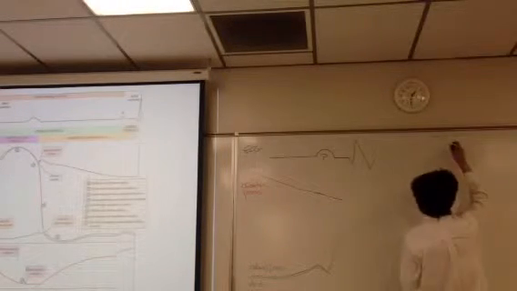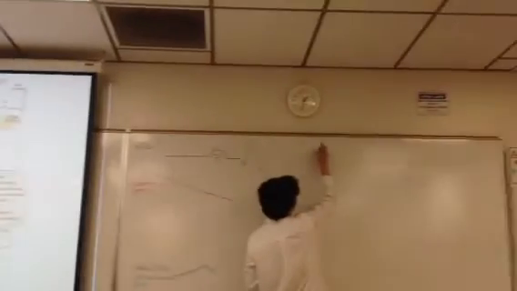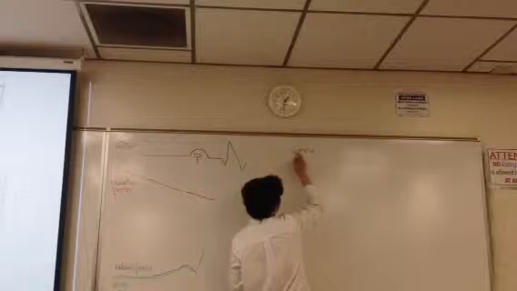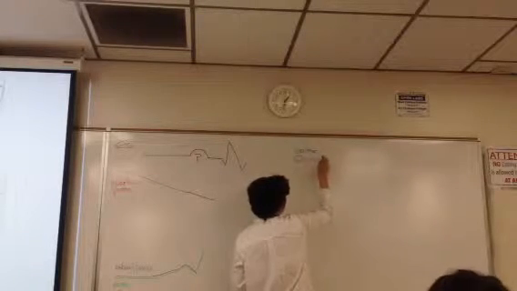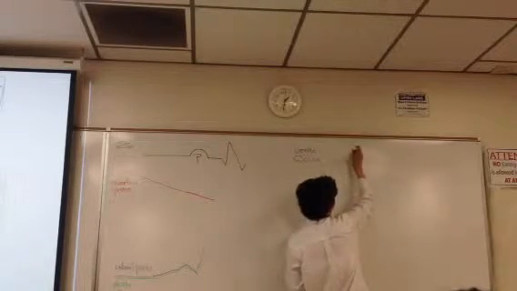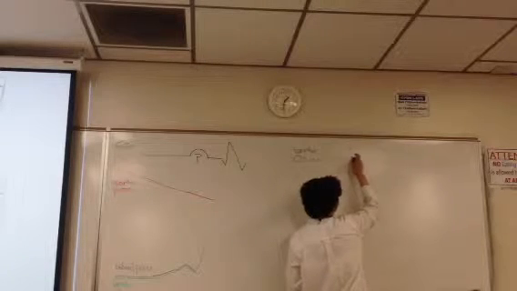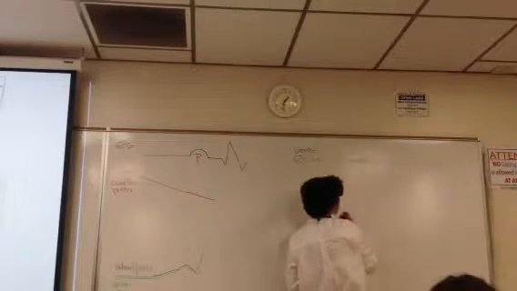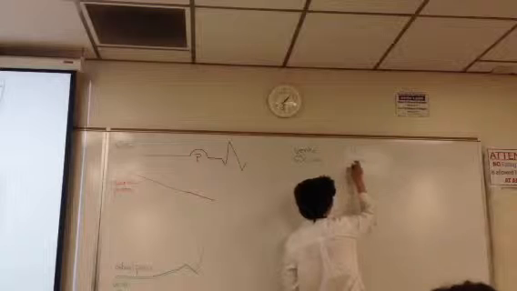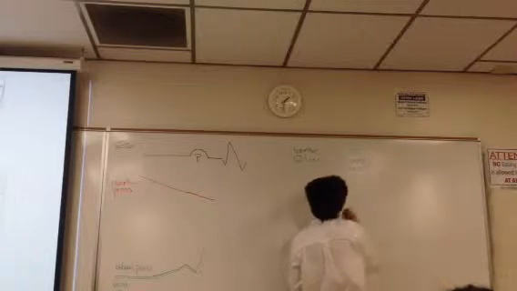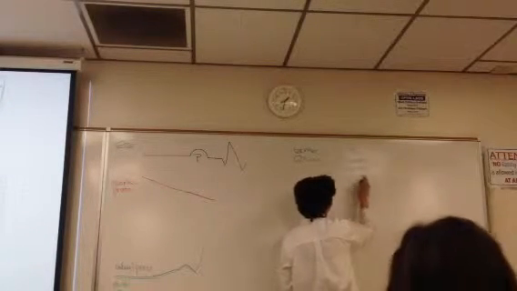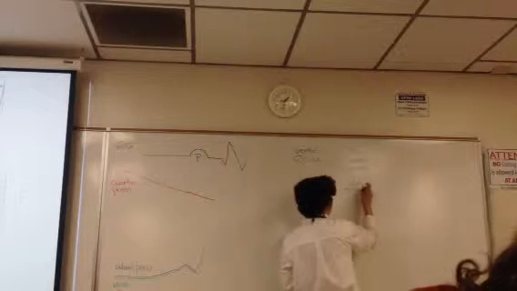So, when the heart is at rest, before we got to this point, what we call ventricular filling, the AV valves are open, they continue to be open. Semilunar valves are closed.